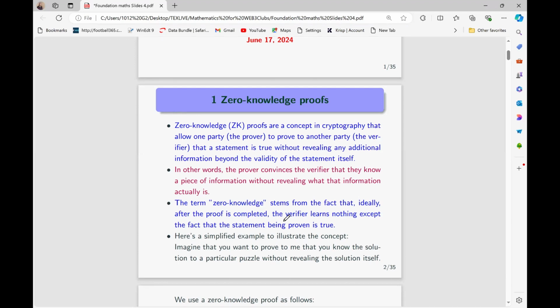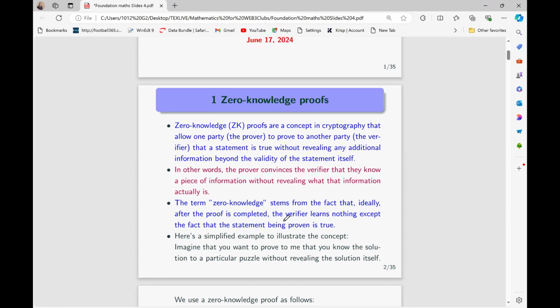Now, the verifier and the prover have to agree on a way to verify that this prover has the information.